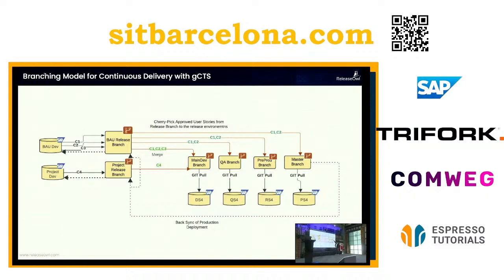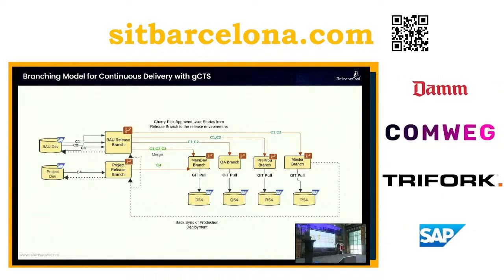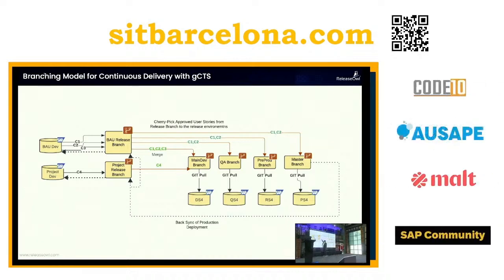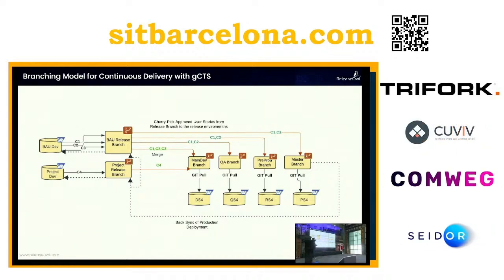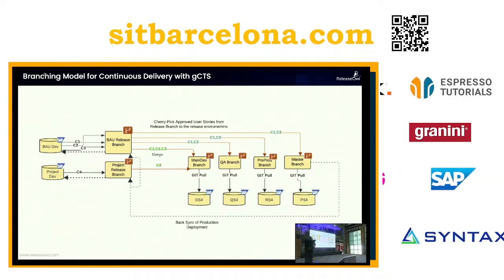As and when a deployment happens to production, you can initiate a merge from the master to your release branch or your BAU branch. You can initiate a back merge. This will ensure that all your boxes are fully aligned after the production deployment is done.